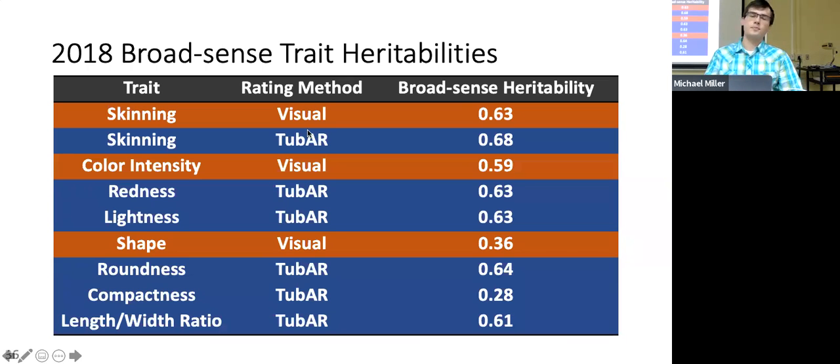And so we use these traits and measurements in our visual measurements to compare on some data that we had from a 2018 experiment to get these broad sense heritabilities. The reason that we're using broad sense heritability is because it's a metric that would be useful to breeders.